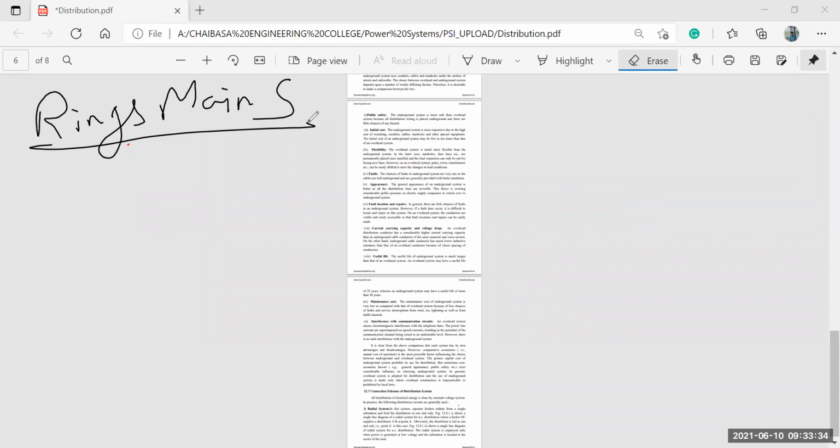Can anyone tell me what a ring main distribution system is? Different feeders are connected with different substations. Anything else?